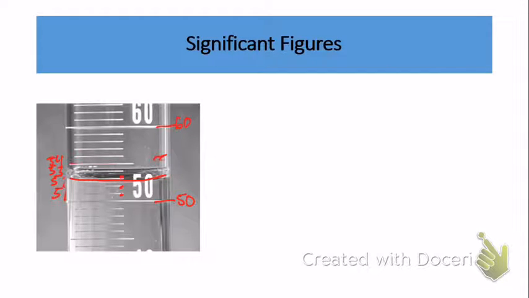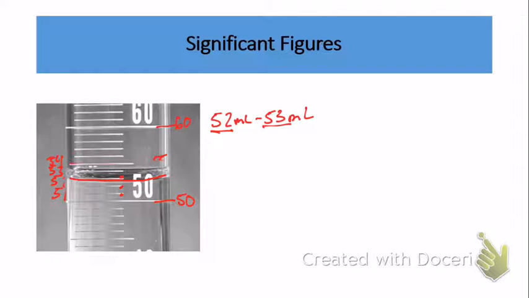That's 53, okay? So to me now, I can further define that the liquid is a range of 52 milliliters to 53 milliliters, okay? So it's got to be greater than 52 but less than 53.